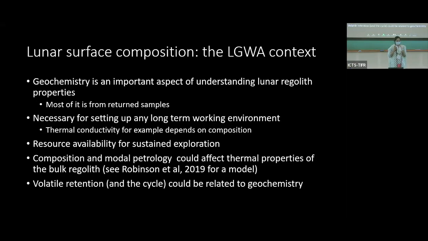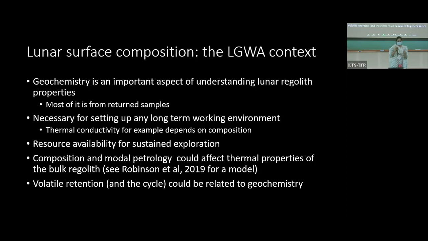Another factor is resource availability for sustained exploration. When you talk about in situ resource utilization on the moon, you are trying to see what we can extract from the surface, which is again from the regolith, and what elements or minerals it contains. The composition and model petrology would affect the thermal properties of the bulk regolith. For example, there is a model given in this reference here.